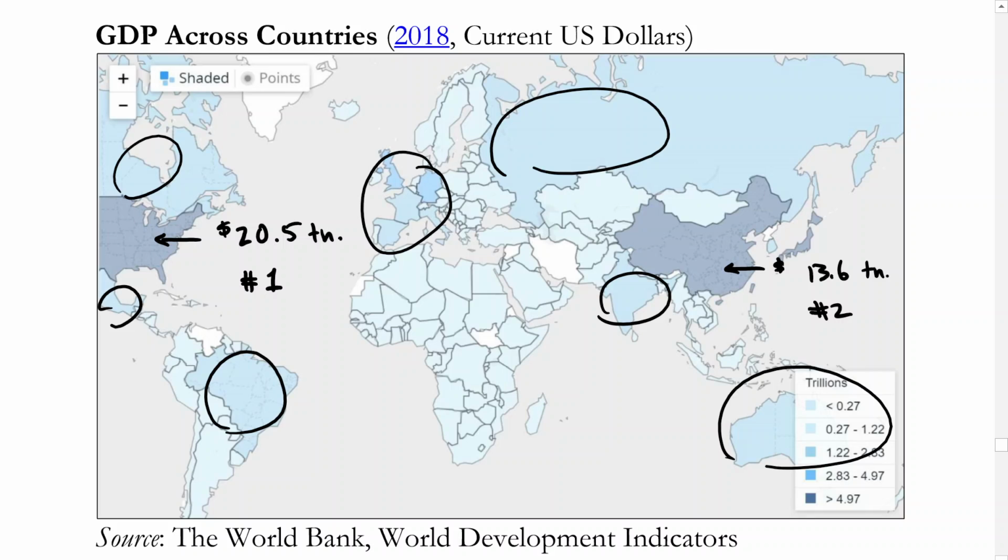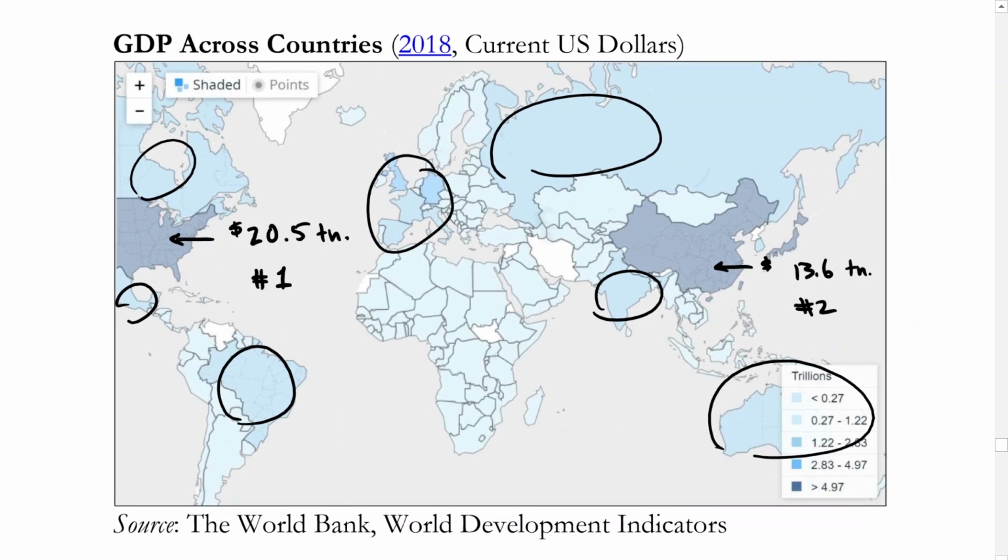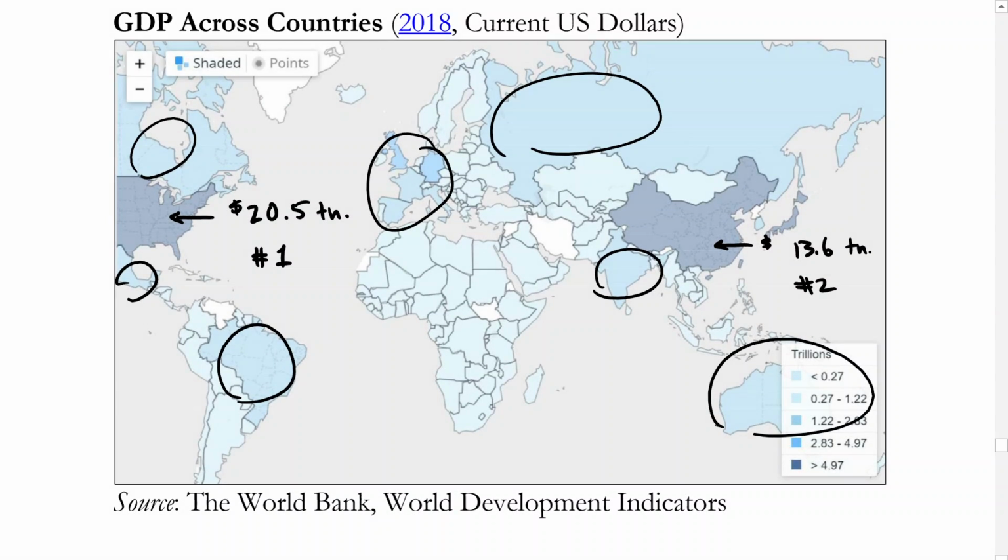A lot of these other countries also have very high total GDPs. Why is that the case? Especially for countries that you don't typically think of as super wealthy nations, perhaps countries like India or Brazil.